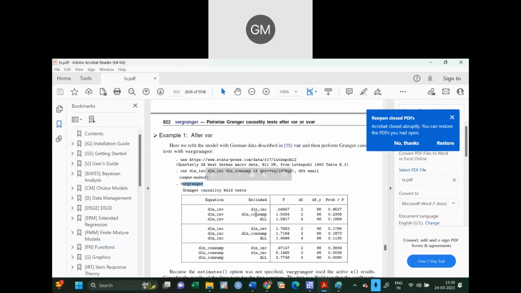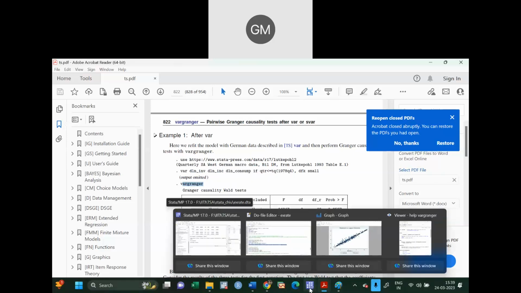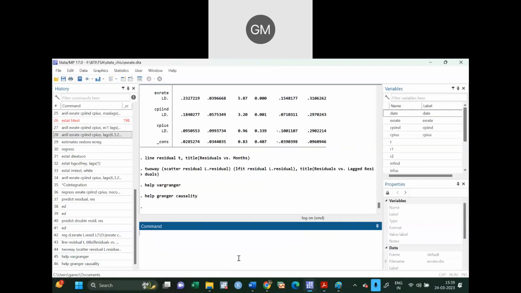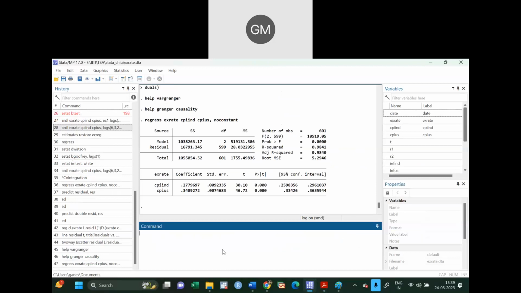Pairwise, they get the relationship the way one of you was saying. So for example, if you simply run a regression here, vargranger.